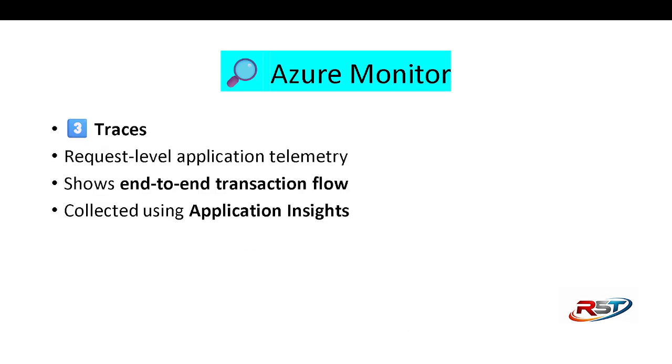Traces. Request-level application telemetry. Whatever level we request from Azure Monitor, it will generate application telemetry accordingly. It shows the end-to-end transaction flow, from beginning to end of the application. It is collected using Application Insights.